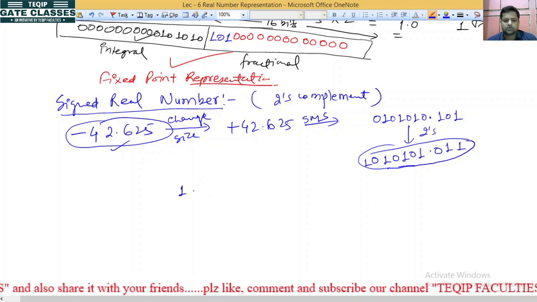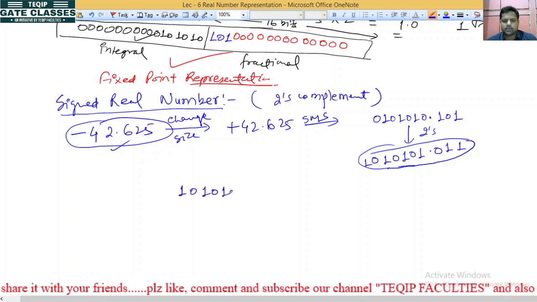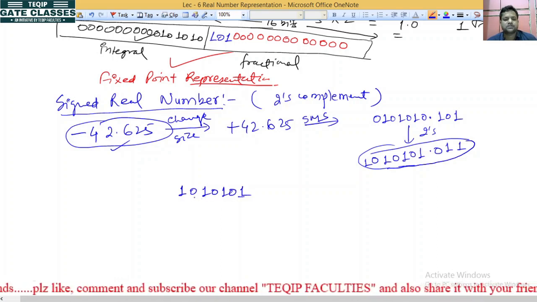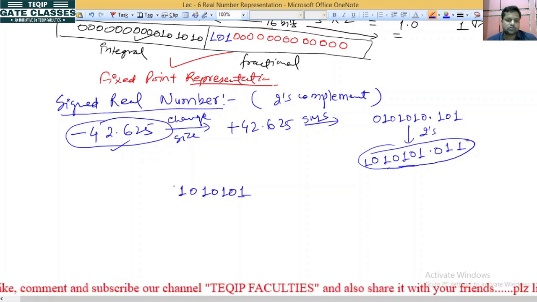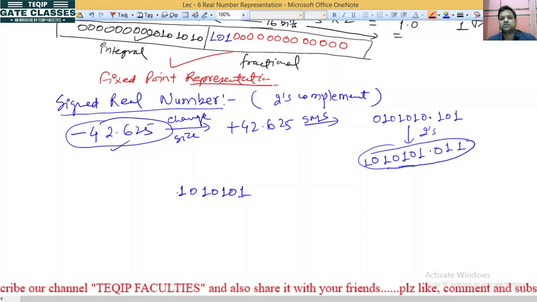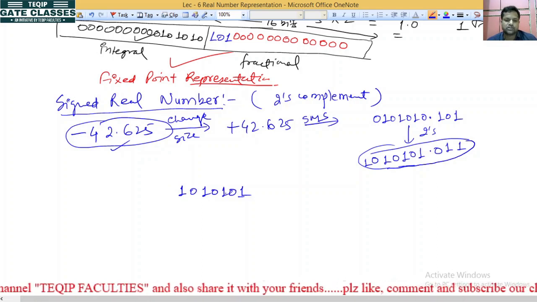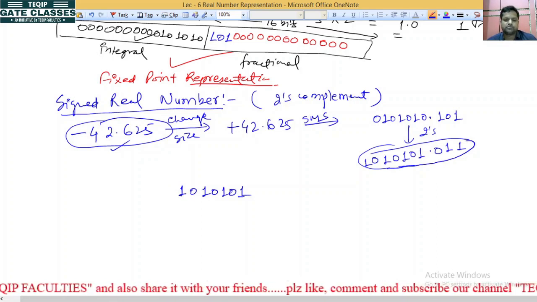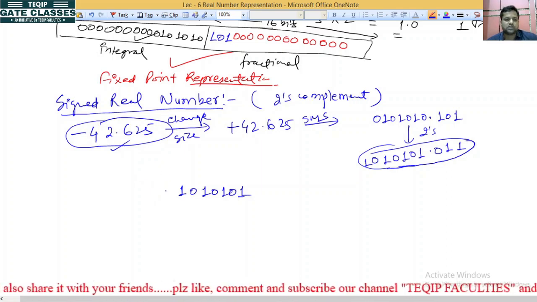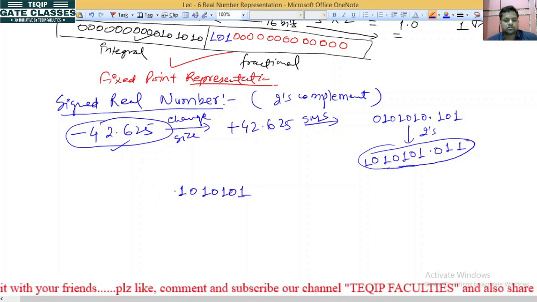but we want it in how many bits? In 16 bits. So I already told you which method, bit extension method. So it has 3 plus 1, 7 bits, and the total length will be of 16 bits.